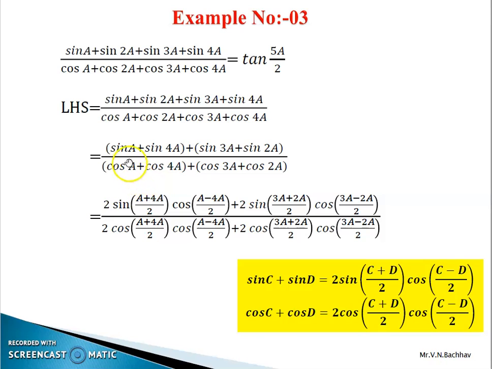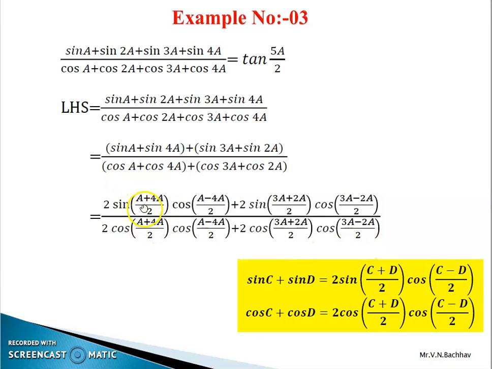We use the sin C + sin D and cos C + cos D formulas. Here 2 sin((a+4a)/2) cos((a-4a)/2) plus 2 sin((3a+2a)/2) cos((3a-2a)/2). Same in the denominator, 2 cos((a+4a)/2) cos((a-4a)/2) plus 2 cos((3a+2a)/2) cos((3a-2a)/2).